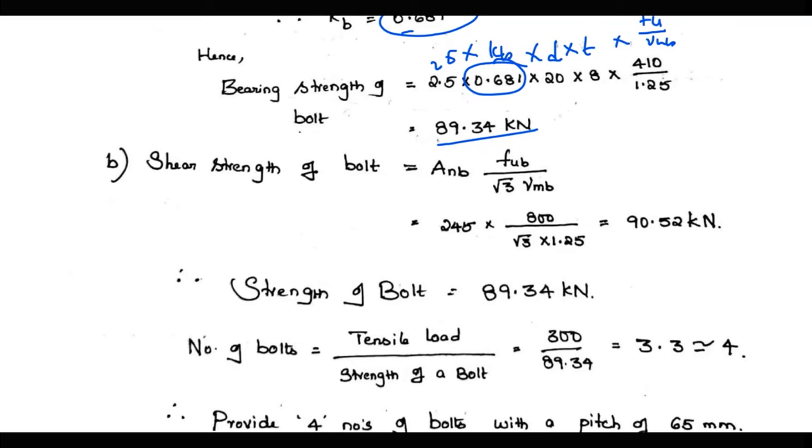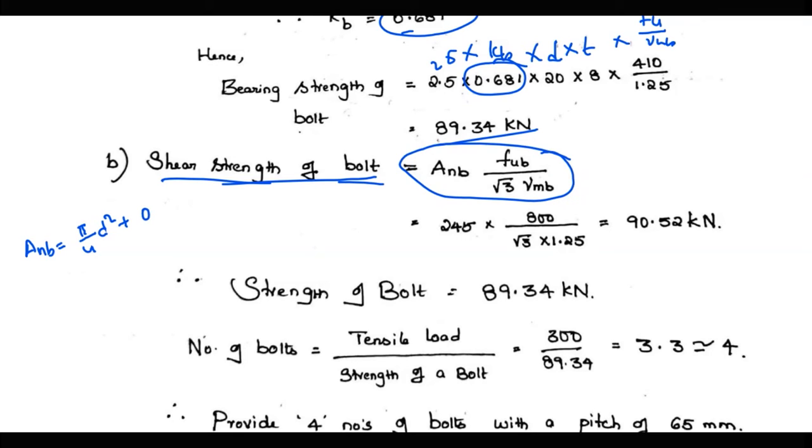But the shear strength is given by this expression. See here, Anb is equal to pi by 4 into d square plus 0.78 pi d square by 4. So what is this area?